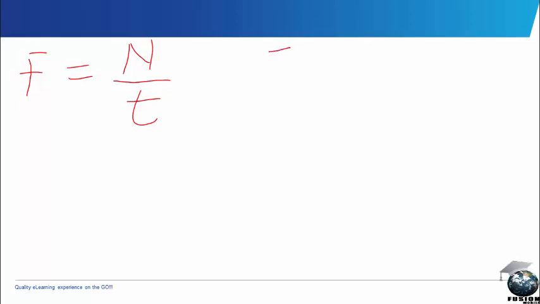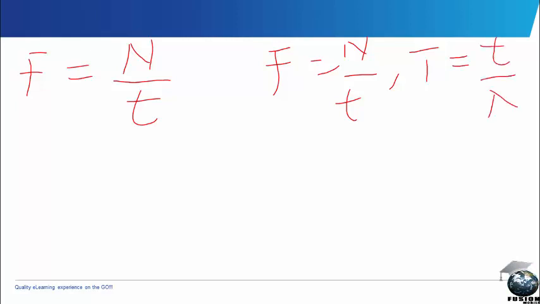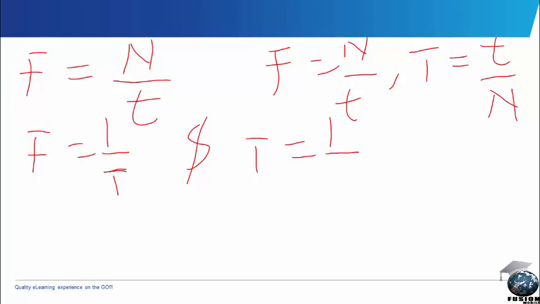Since frequency is equal to N over T and T equal to T over N, mathematically it is obvious that F is equal to 1 over period and period is equal to 1 over F.